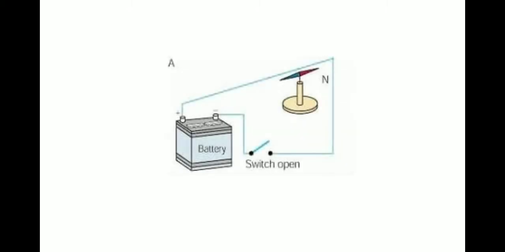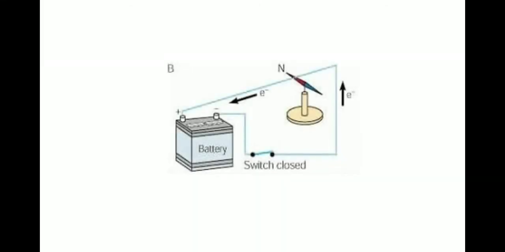When the wire was connected to a source of current, that is the battery here, and the switch was kept open, that means the switch was off, the magnetic needle showed no deflection. Here, the magnetic needle shows the north N, that is the Earth's magnetic north.